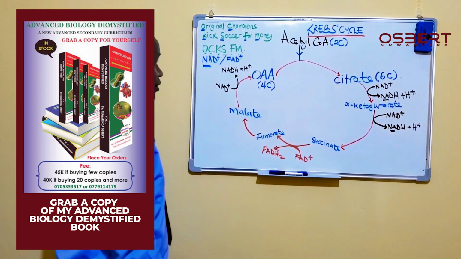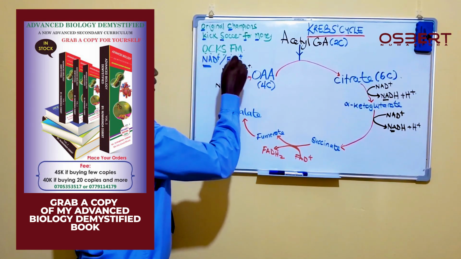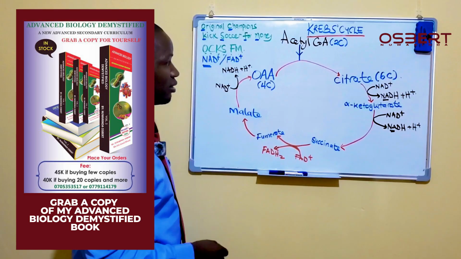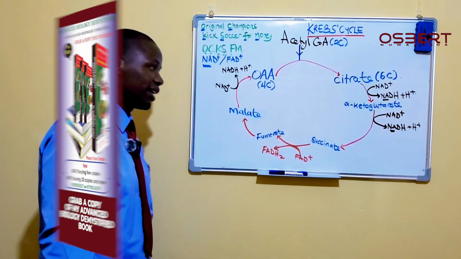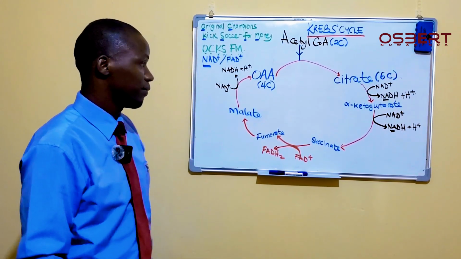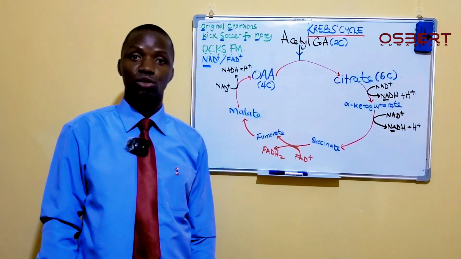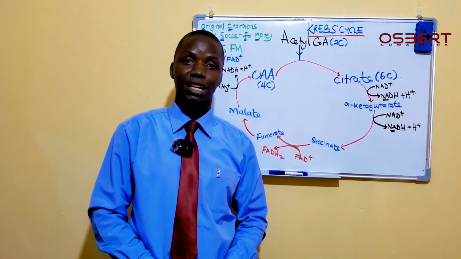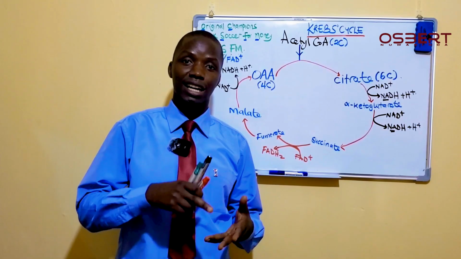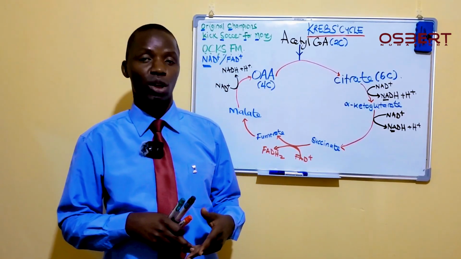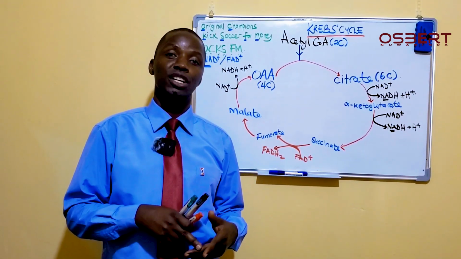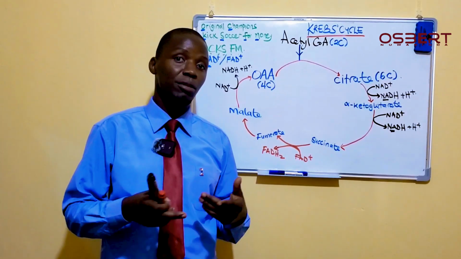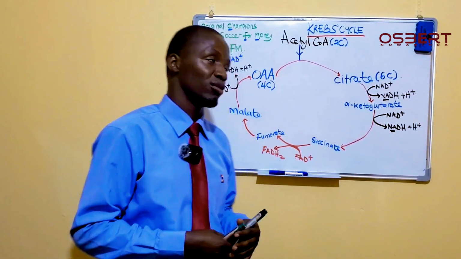Okay, so now we are done. NAD and FAD have done their work of dehydrogenation. After that, we are also going to go into another step, which is called decarboxylation. I've told you we have decarboxylation, dehydrogenation, and we are also going to find dephosphorylation and maybe another process there.